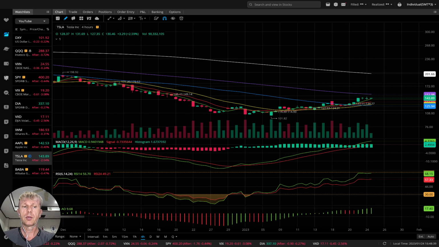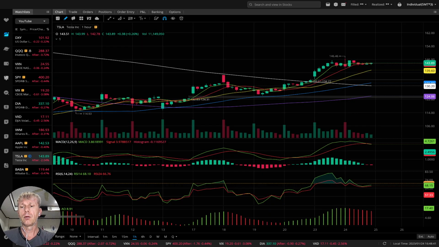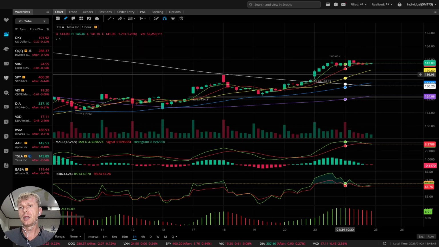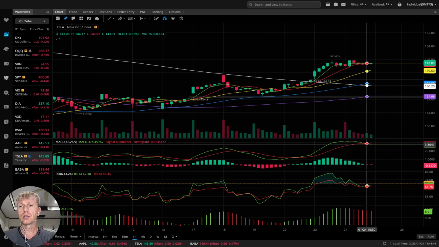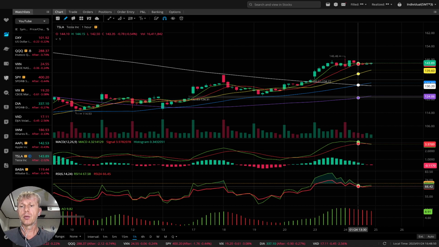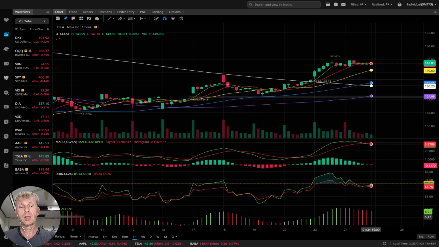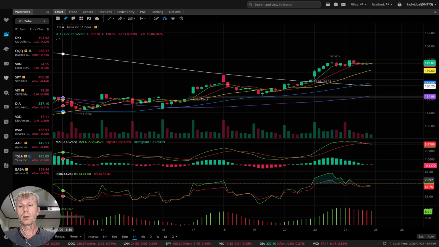And 1 hour for Tesla, it's already bearish, right? MA5 did bearish crossover. MACD did bearish crossover. RSI was overbought and changed direction to bearish. Volume also decreasing.